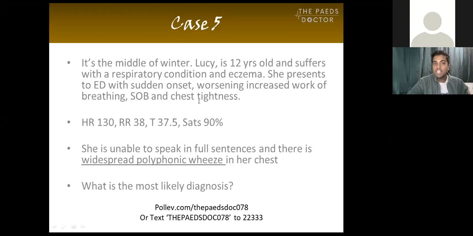Silent chest, is that severe or life-threatening? Low SATs, specifically less than 92. Heart rate over 140, okay. Life-threatening, yes. Silent chest is life-threatening.